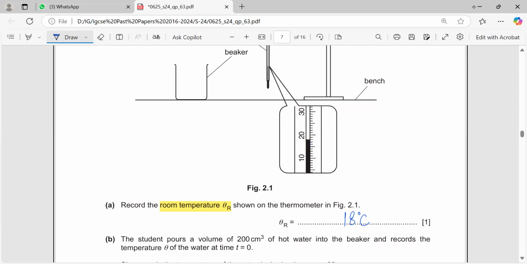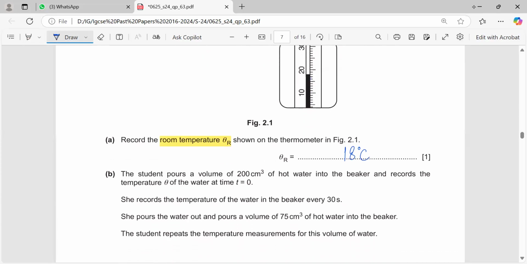The student pours a volume of 200 centimeter cube of hot water into the beaker and records the temperature theta of the water at t equal to 0.